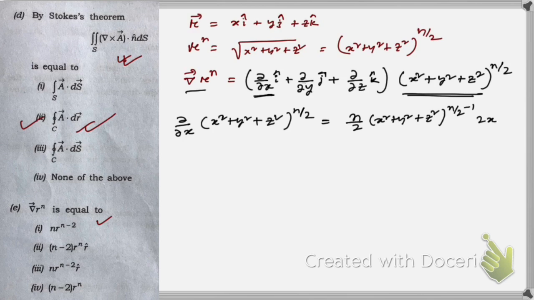That is what you should get, because if you differentiate the terms within the bracket with respect to x, you get twice x.